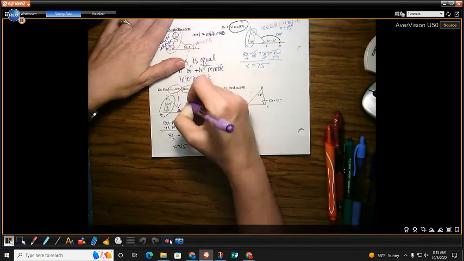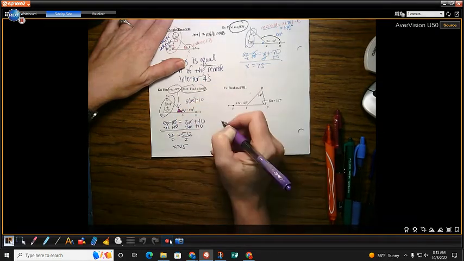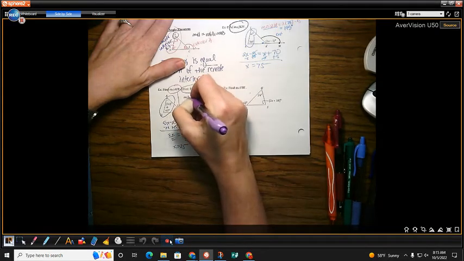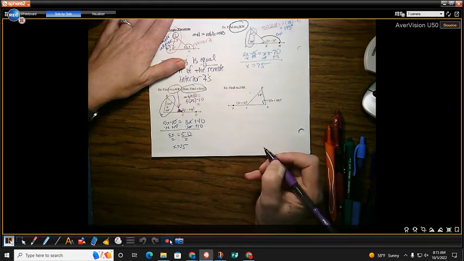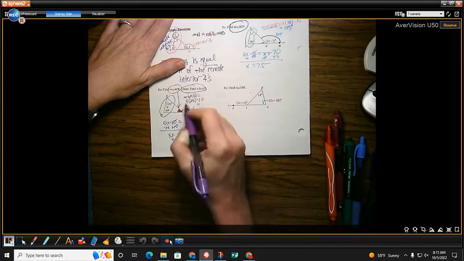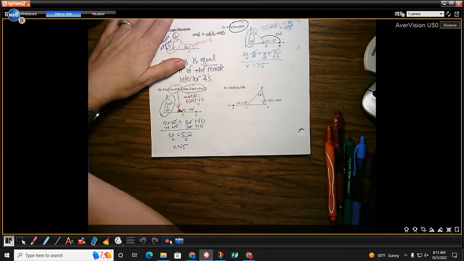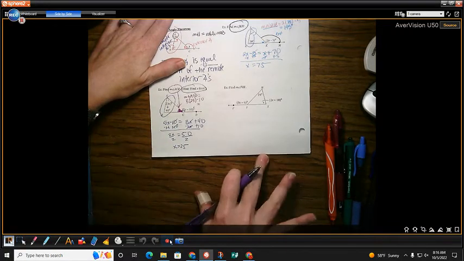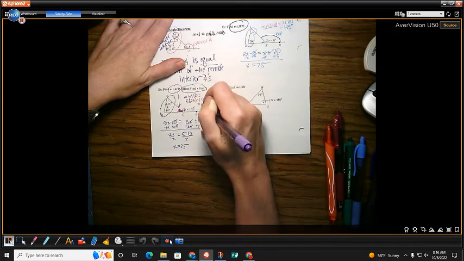So I go, okay, this guy is equal to 5 times 25 minus 10. That's the measure of angle ACD. And how big is that? What's 5 times 25? 125. Count your quarters, y'all. 25, 50, 75, 100, 125. Take away the 10. That's 115.